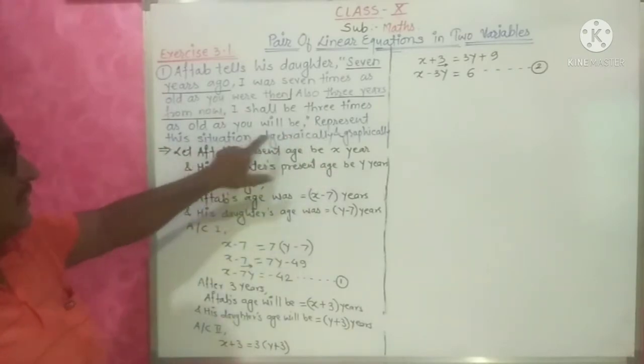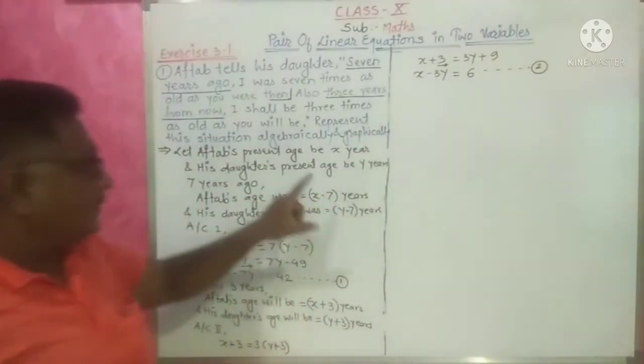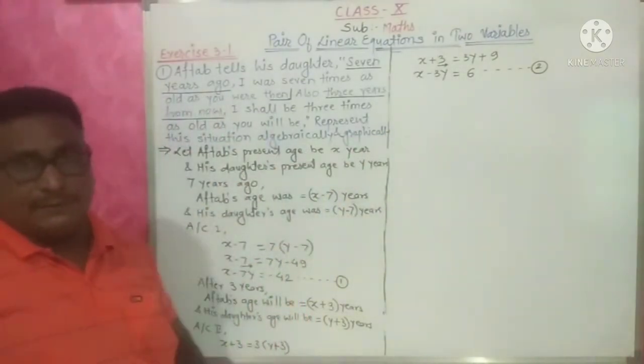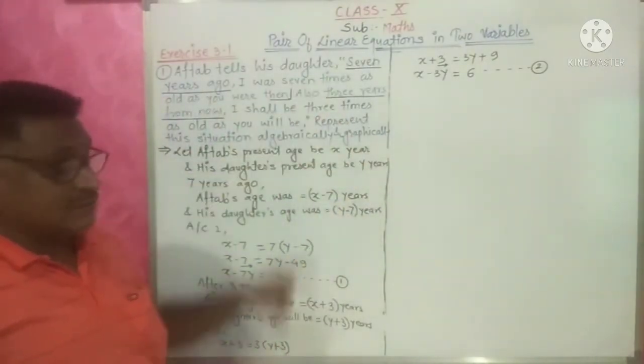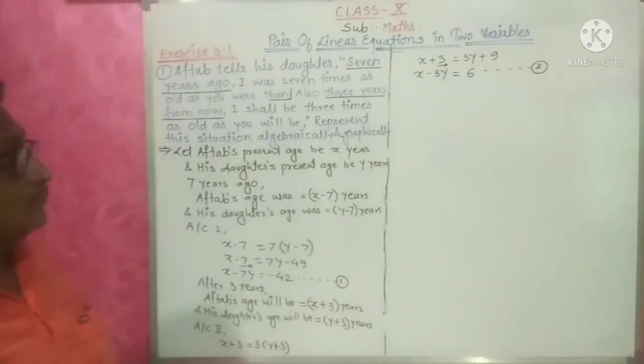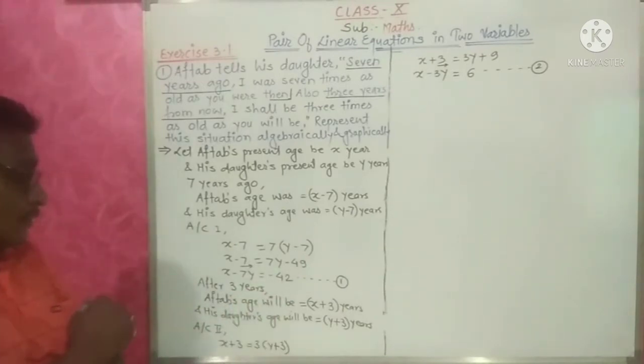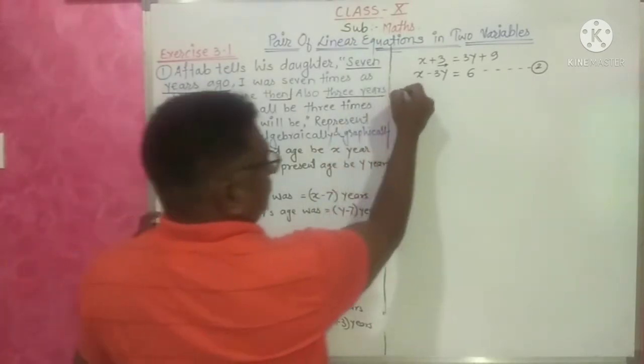Represent this situation algebraically and graphically. So now we have to represent this situation graphically also. How to do it graphically? For that purpose we have to find the solution.